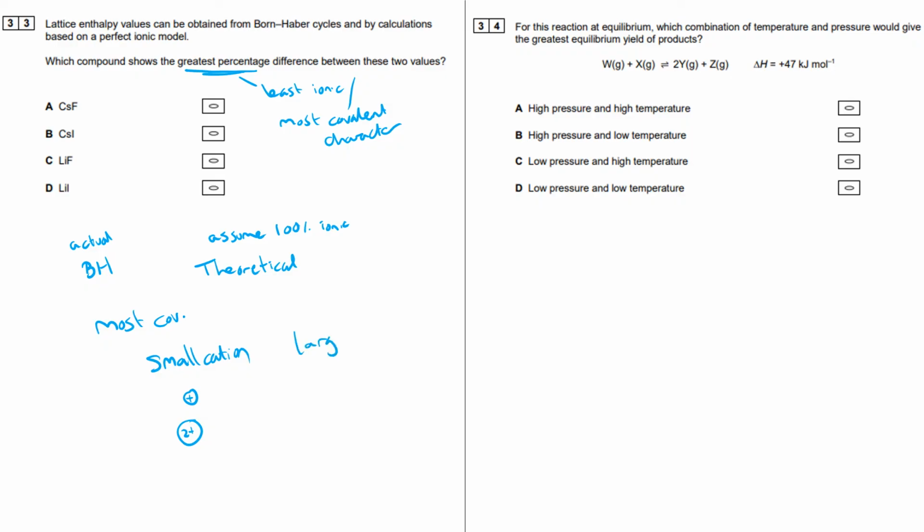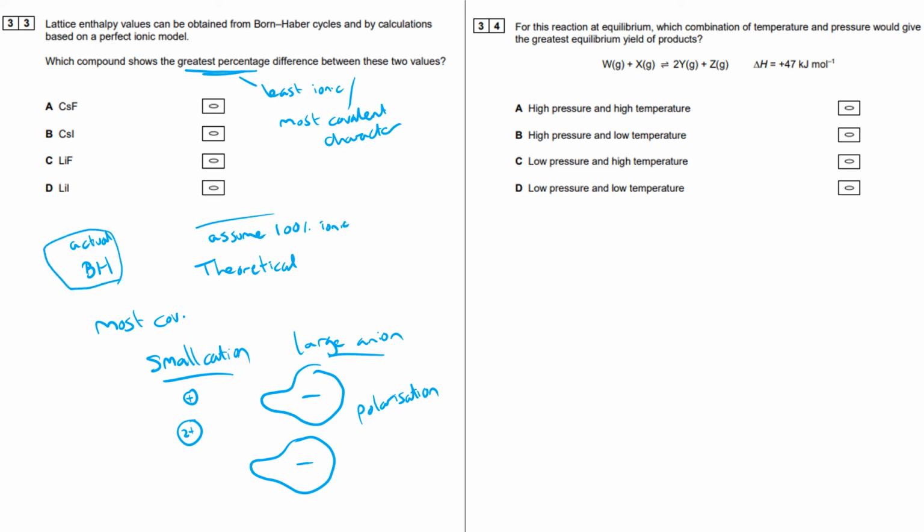You would also have a larger anion. The larger the anion, the more its negative charge overlaps with the positive ion. So small cation, large anion, you get more polarization of the ions, and therefore more covalent character. There's going to be a greater difference between the Born-Haber value and the theoretical value.